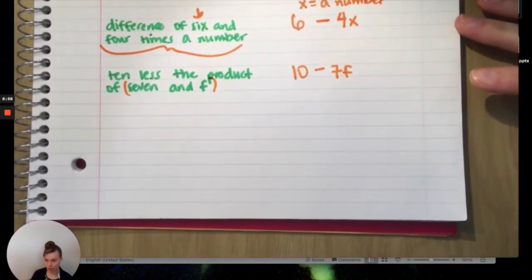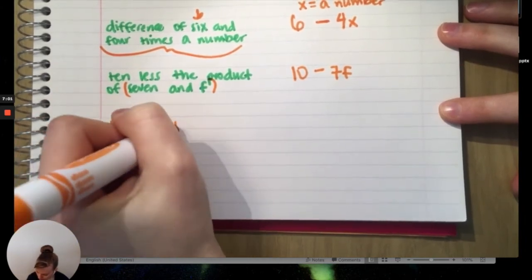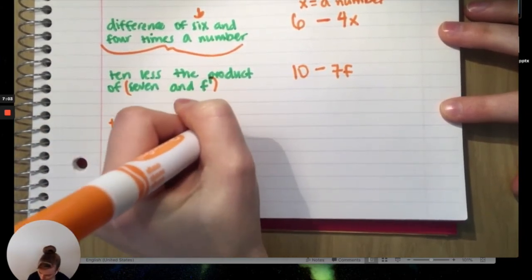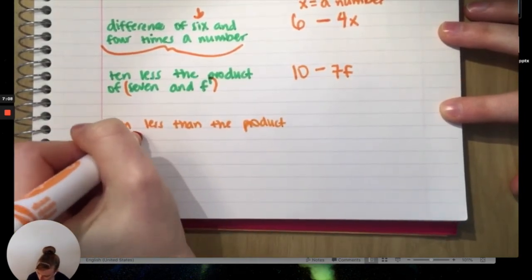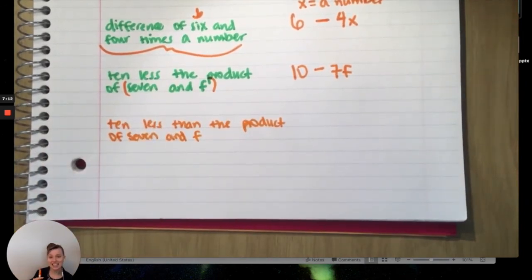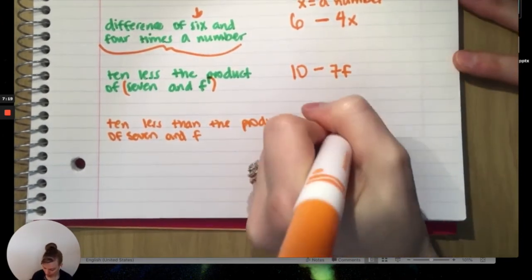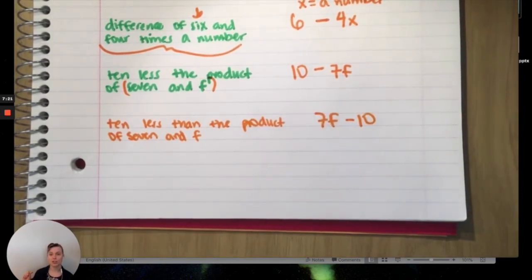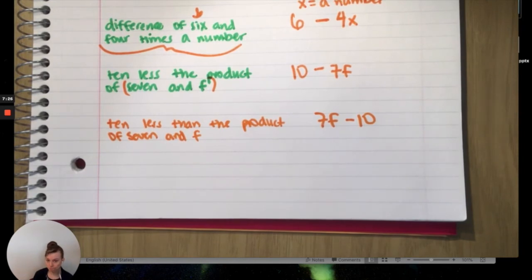This is different than saying 10 less than the product of 7 and f. 10 less than the product of 7 and f is the product of 7 and f. Then you subtract the 10. So think about how adding this "than" switched your order. All right, and does that make sense?